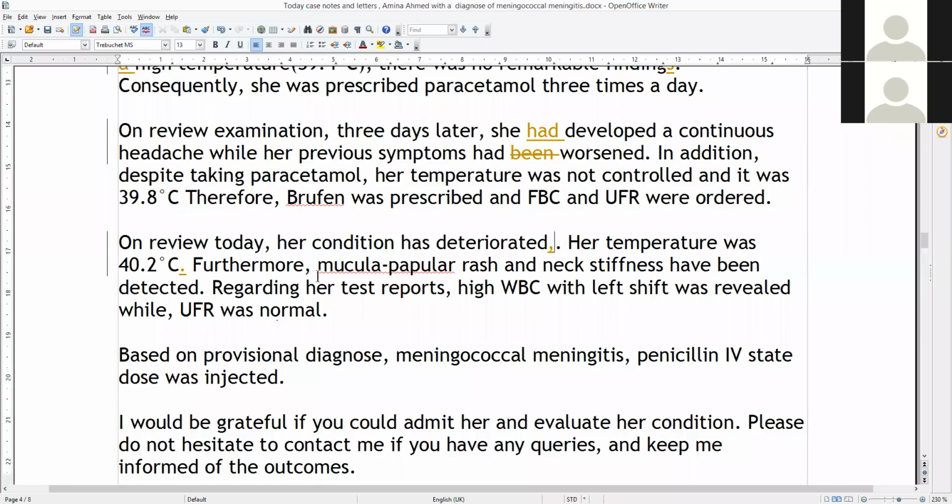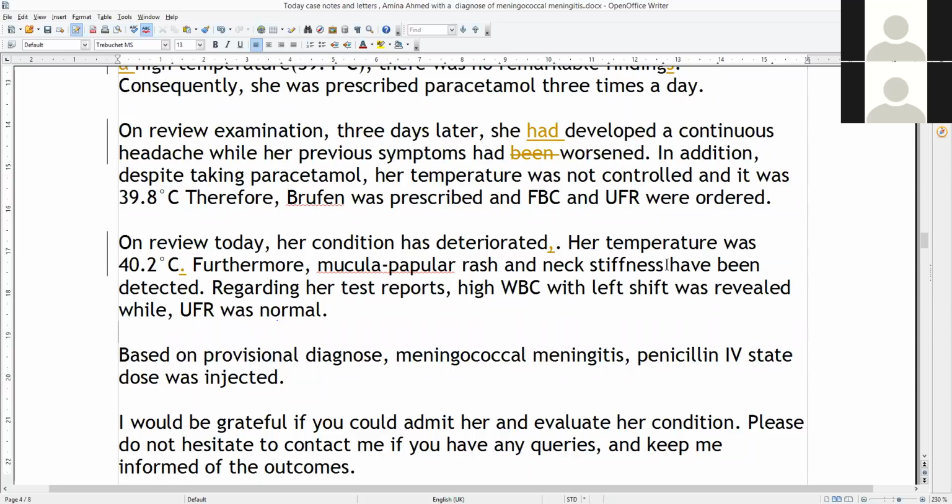You could have put all this into a single sentence, make it a complex sentence with a couple of clauses. Condition has deteriorated, the temperature furthermore, and maculopapular rash have been detected.